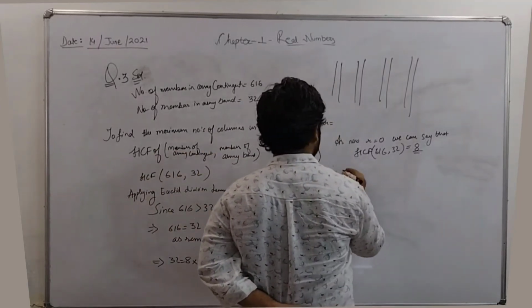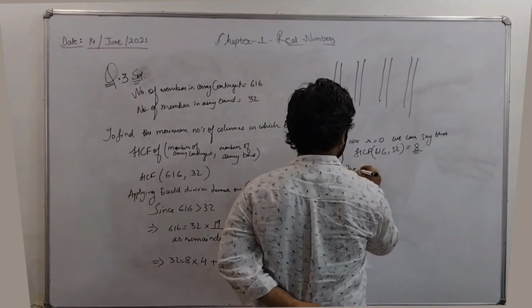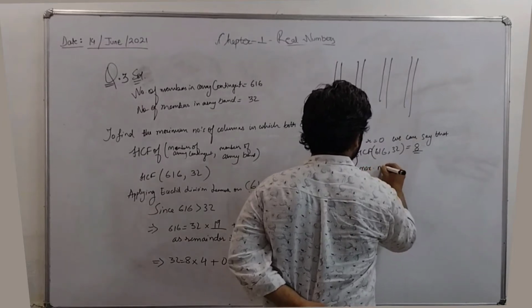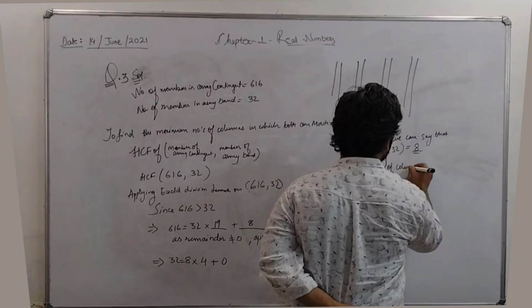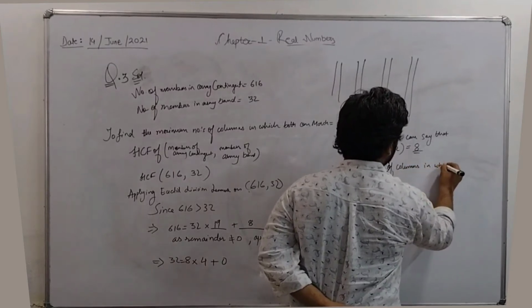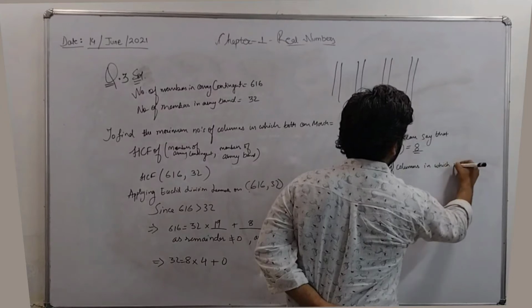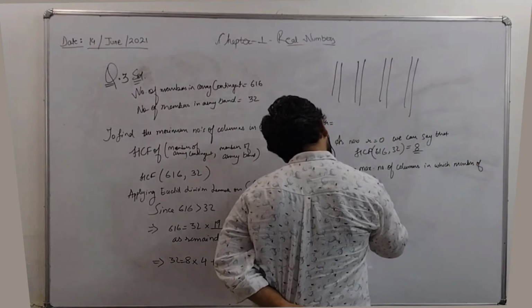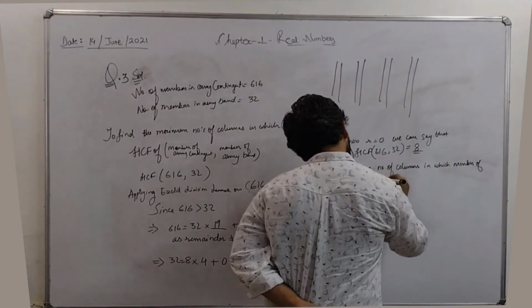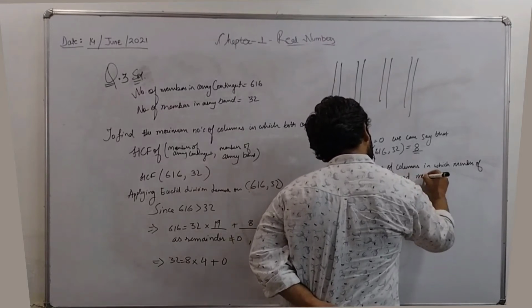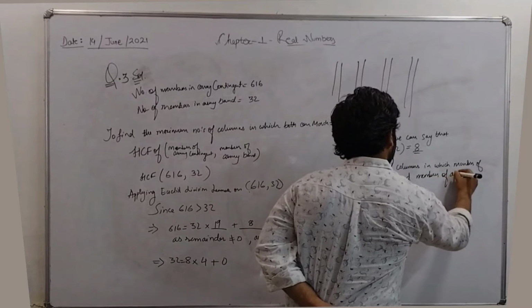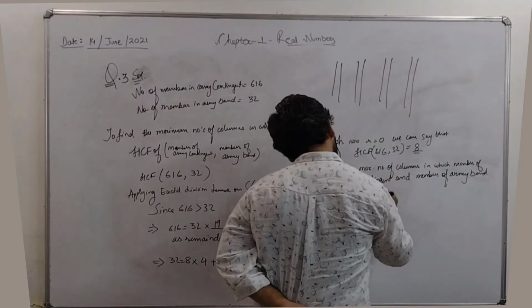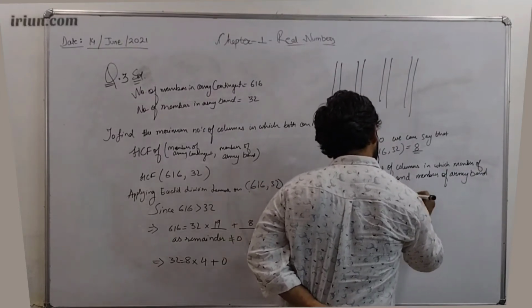Therefore, the maximum number of columns in which members of army contingent and members of army band can march are 8.